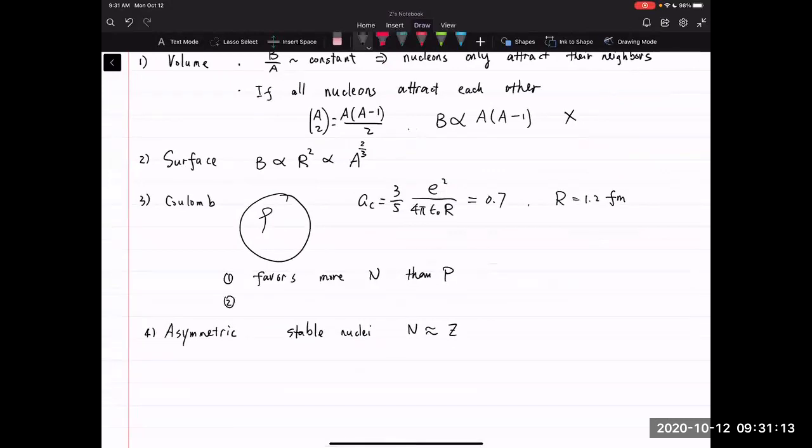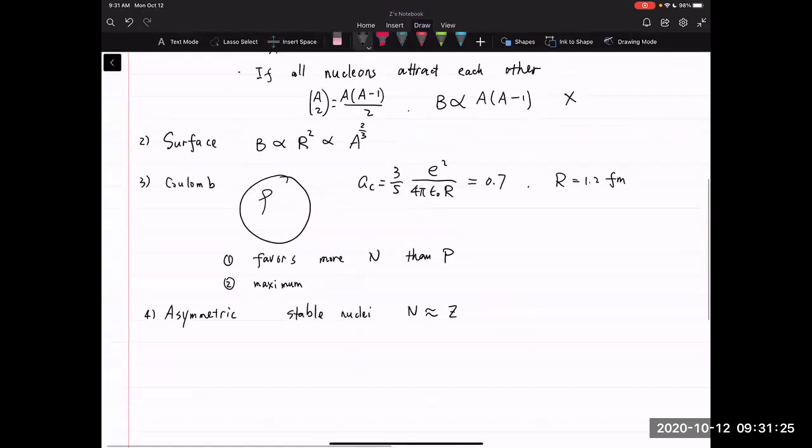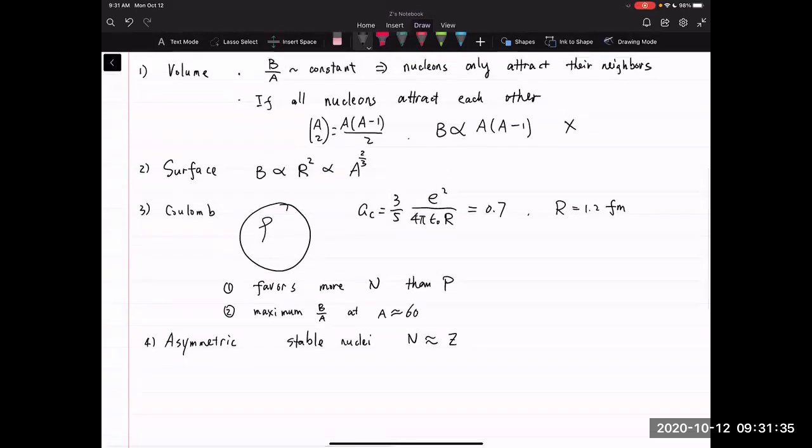Number two, because of the Coulomb interaction and asymmetry terms, we have a maximum binding energy, maximum B over A, at roughly A equals 60, which is the iron position.